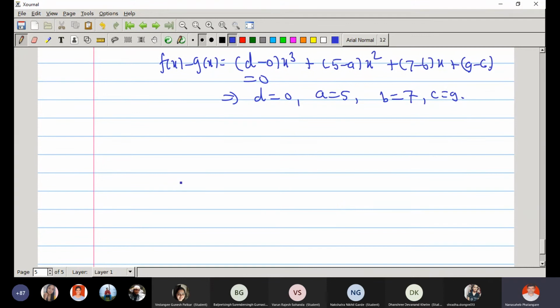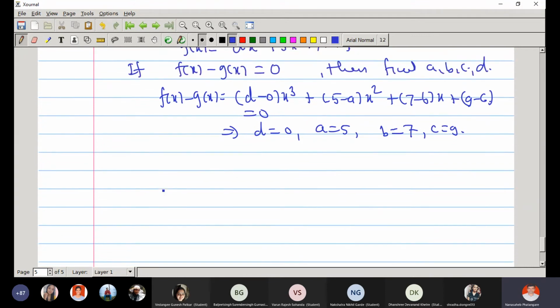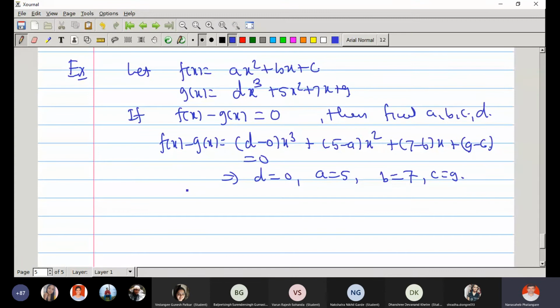So similarly, addition and subtraction both are similar things. So how to subtract two polynomials and how to add two? It will be 0 minus d for f(x), and a minus 5. Correct, and therefore d is equal to 0 in any case.